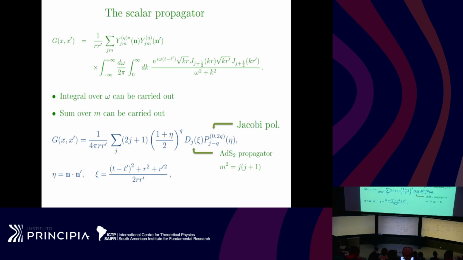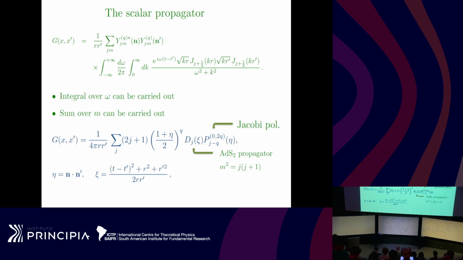And if we do that, we end up with this equally explicit expression where the angular dependence is encoded in some Jacobi polynomial, eta is n dot n', with some unit vectors on the sphere, and then the dependence on the radius and the time is encoded in some object here, which is simply an AdS2 propagator.